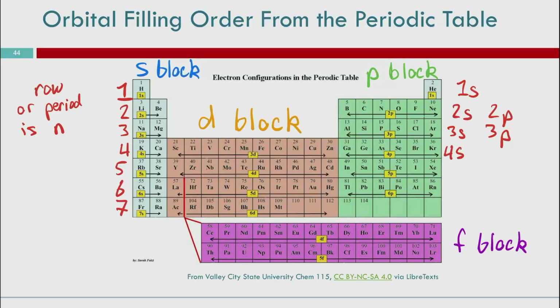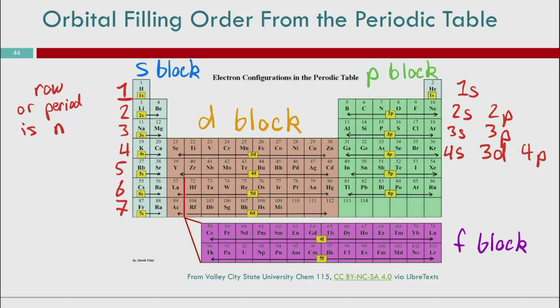It shows up in N equals 3. So for that reason, this top row of our D block is labeled 3D. So we fill up 3D, then we get over to our 4P. After 3D, we're in 4P, and the trend continues counting up like that.